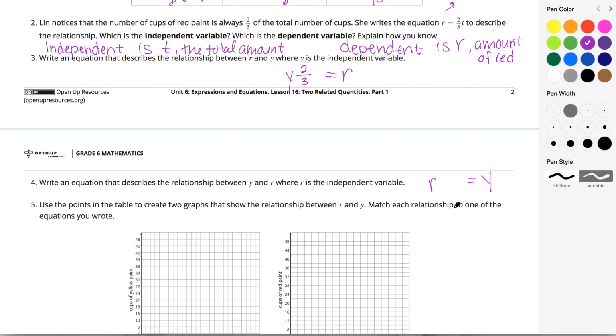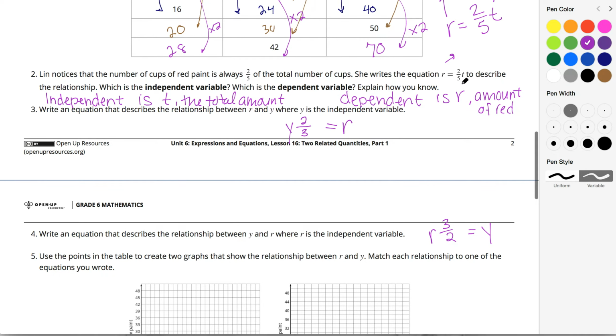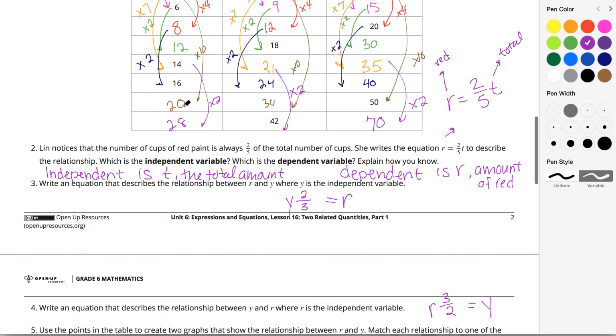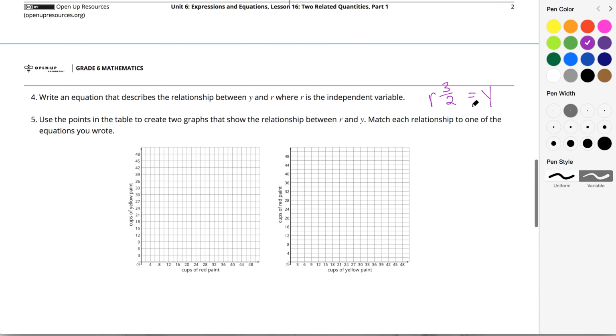Because I switched this, I'm actually going to switch my number I'm multiplying by as well, my 3/2. Again, you can determine that by looking at it. If I take 20 and I multiply it by 3, I get 60 divided by 2, it's 30. If I take 12 and I multiply it by 3, that's 36 divided by 2 is 18. So that relationship's working as well.